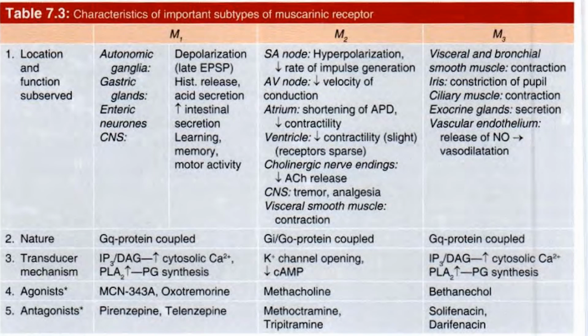They increase the cytosolic calcium and cause prostaglandin synthesis to be increased. Agonists of M1 are oxotremorine, and for M3 it is bethanechol. For the antagonists, we have pirenzepine and telenzepine for M1, and for M3 we have solifenacin and darifenacin.